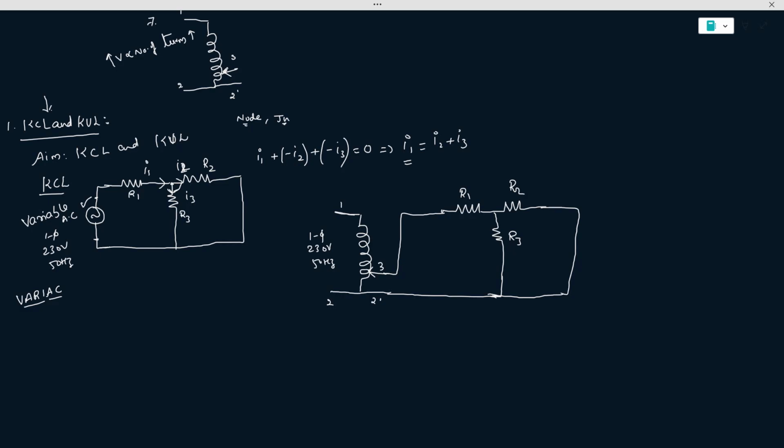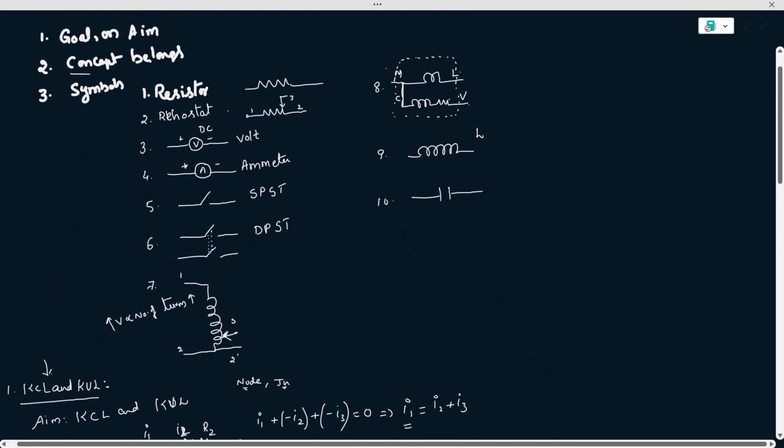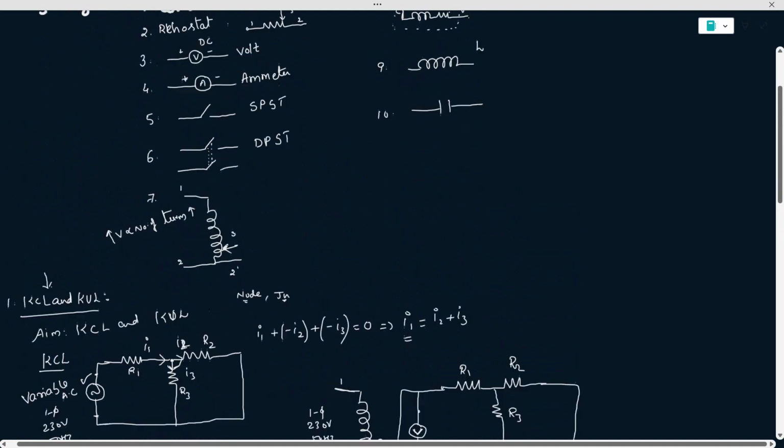For that we require a voltmeter, and that voltmeter must be placed across the terminals 3 and 2 dash of the source so that I can measure how much voltage I am giving into the circuit. This is a voltmeter, the symbol is like this. Already I told about this here.